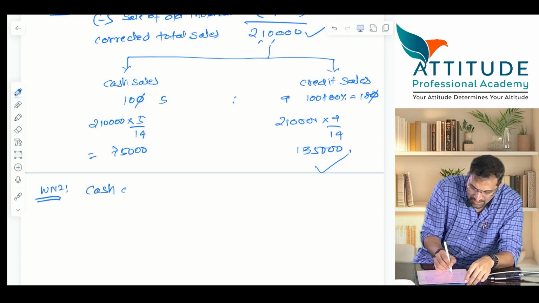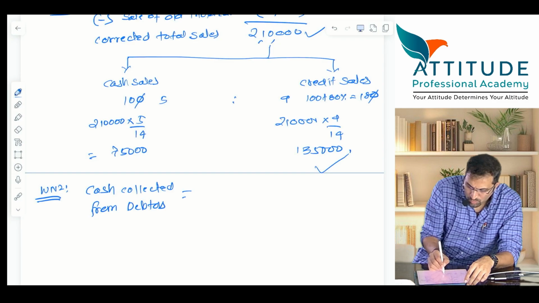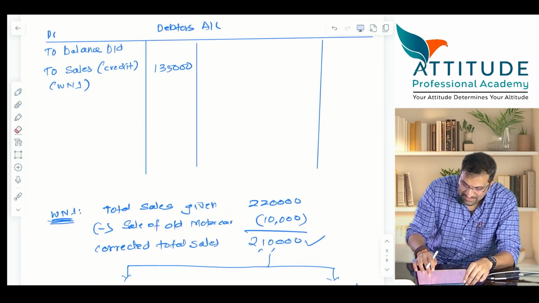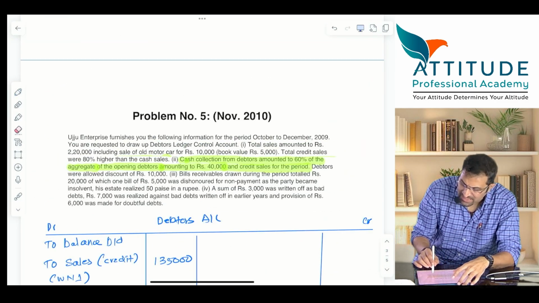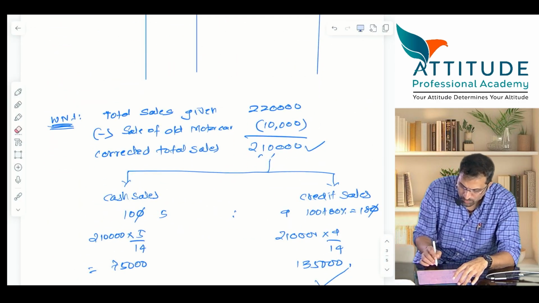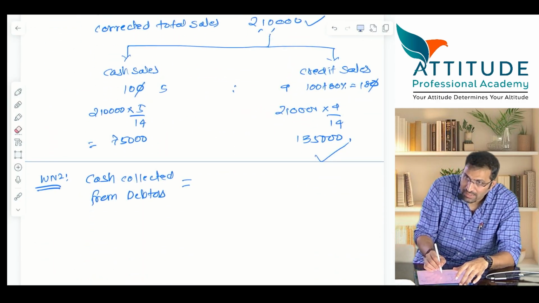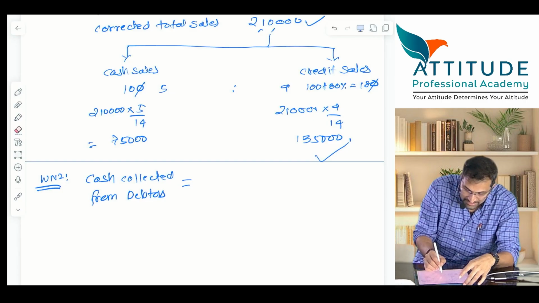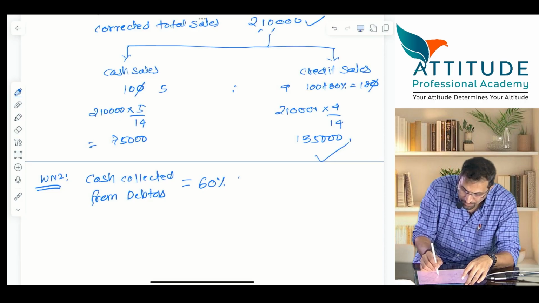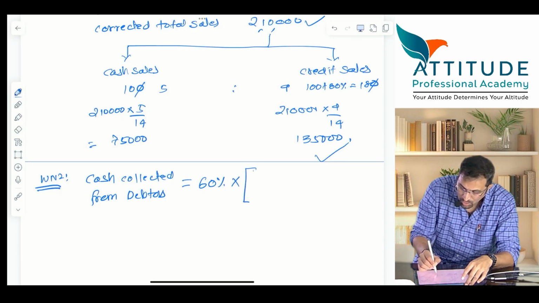Cash collected from debtors is equal to, see the sentence, I repeat once again, cash collected from debtors amounted to means equal to, 60% of means multiplication, 60% of what?